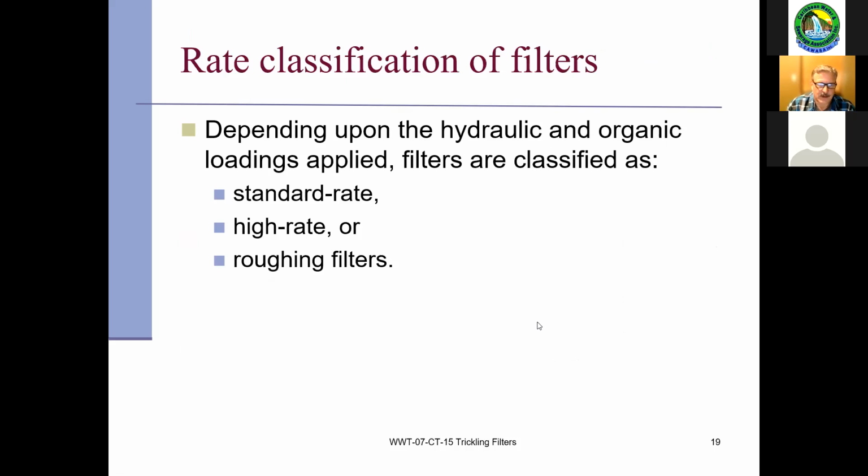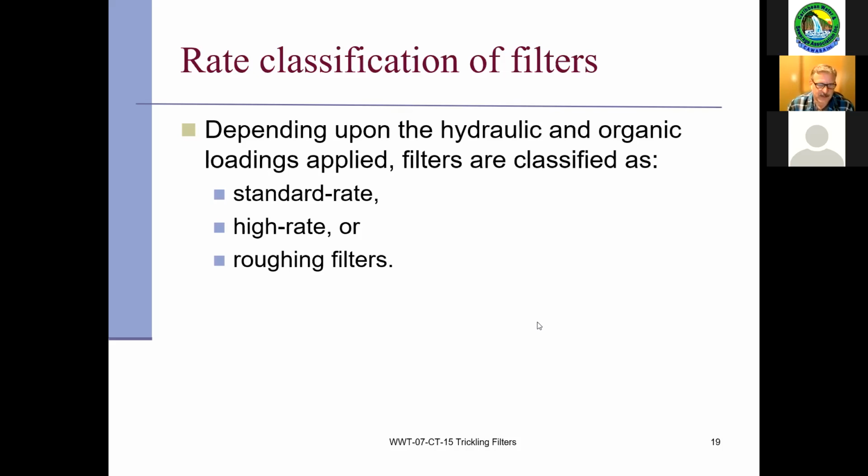You'll get questions on different types of trickling filters: standard rate, high rate, or roughing filters. Standard rate filters would typically be your form of treatment for a municipality or a ski resort or something like that.